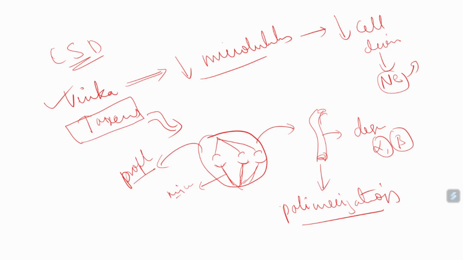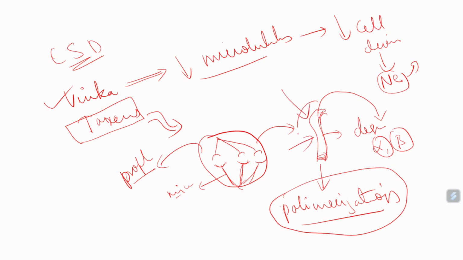Once polymerization of the microtubule is done, it will not again dissociate into alpha and beta tubulin molecules. Like when cement is applied to a product, it forms one polymer. So it permanently forms the polymer of the microtubules and stops depolymerization. Microtubule depolymerization will not be seen.